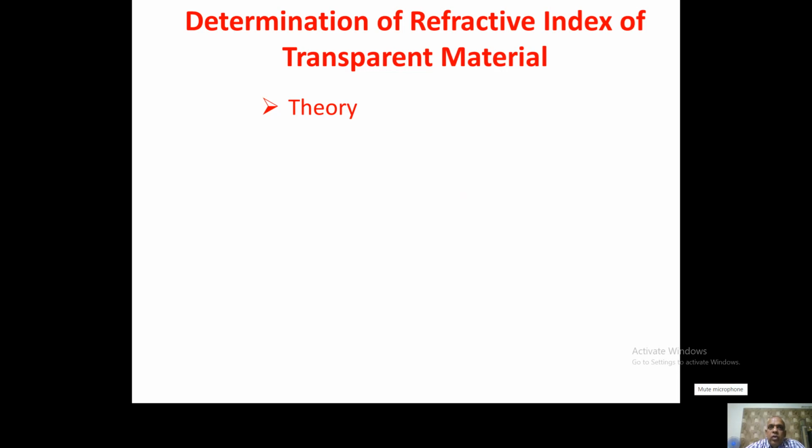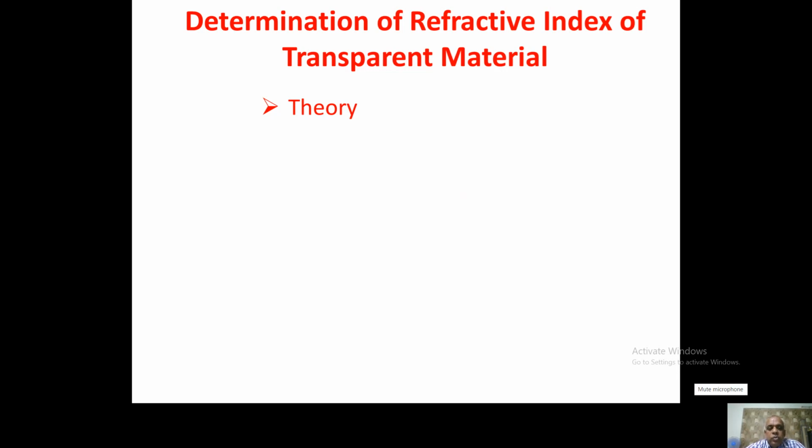First, we will discuss the theory behind determining the refractive index of a transparent material.